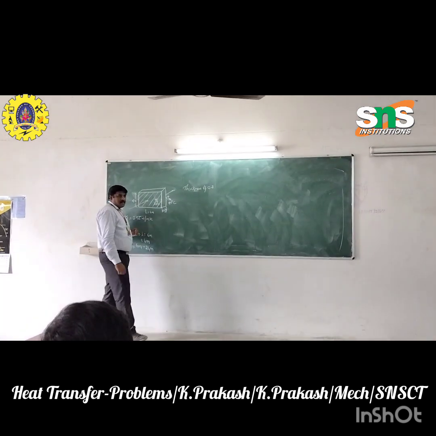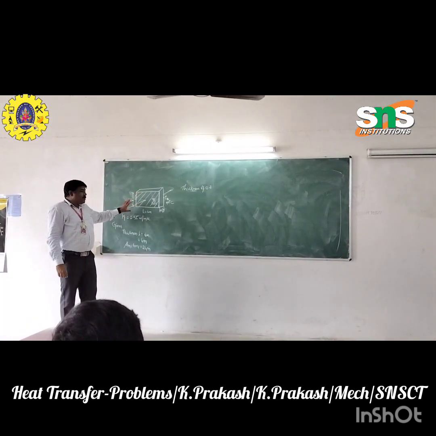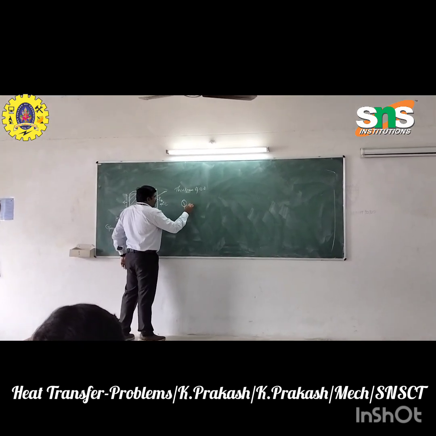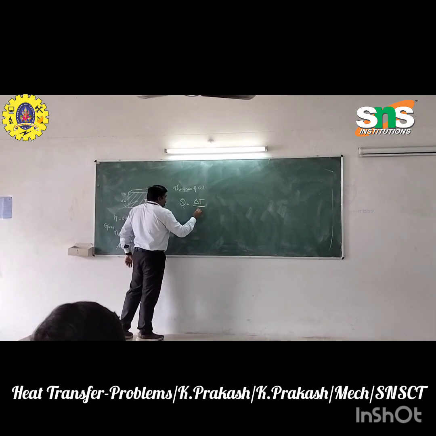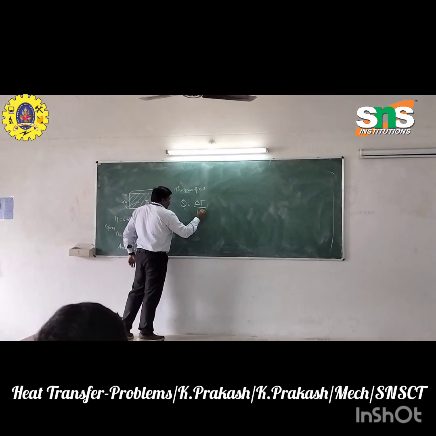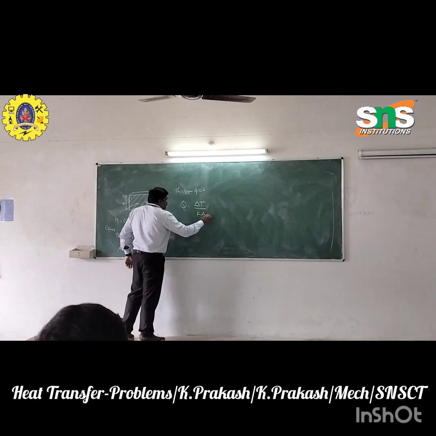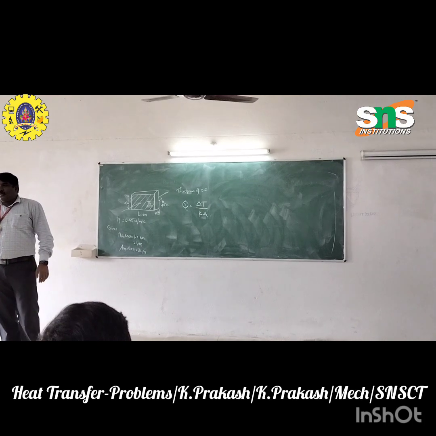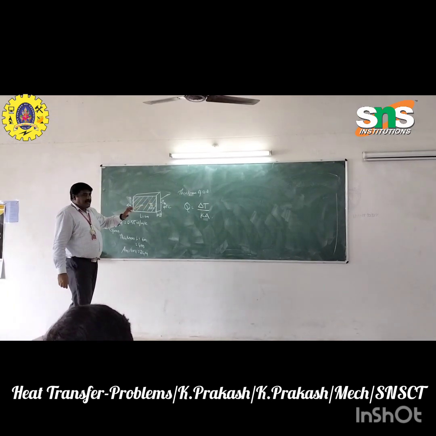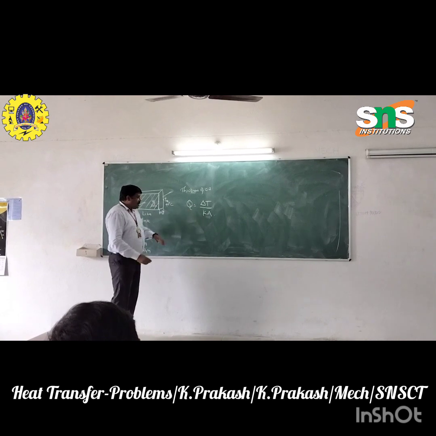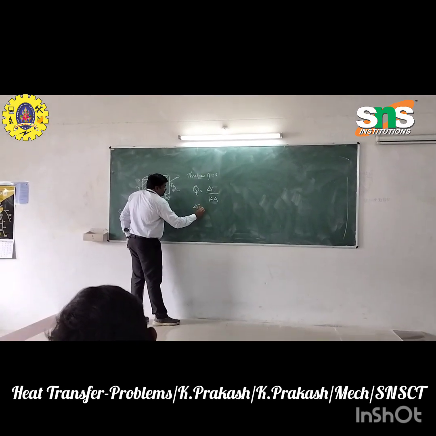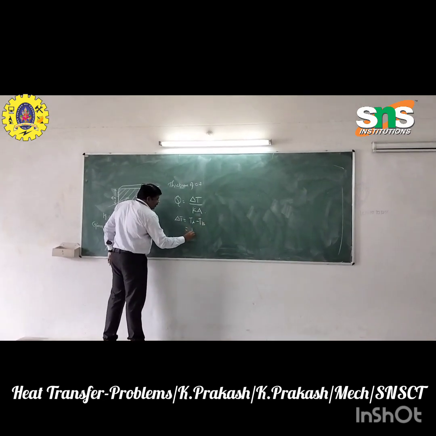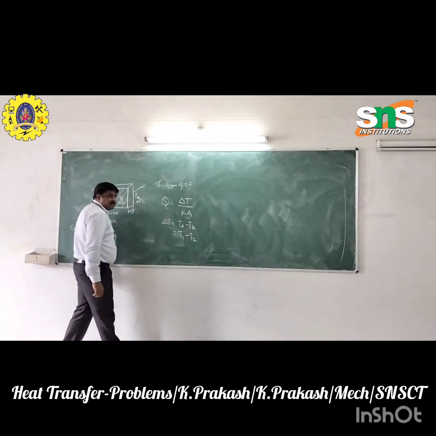Now how to find out the heat transfer rate Q? Here the formula is Q is del T by L by K A. This is the common formula to find out the heat transfer rate Q. Here del T is the difference in temperature, that is TA minus TB, or you can take T1 minus T2.